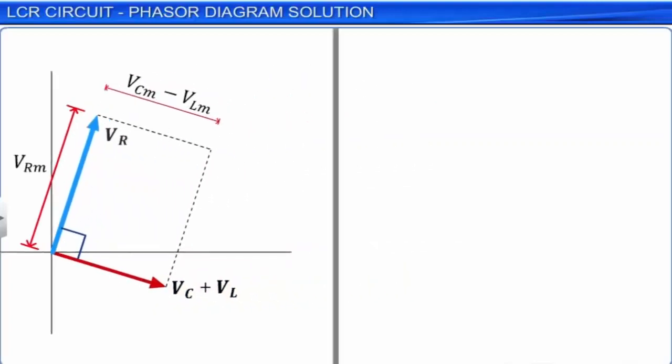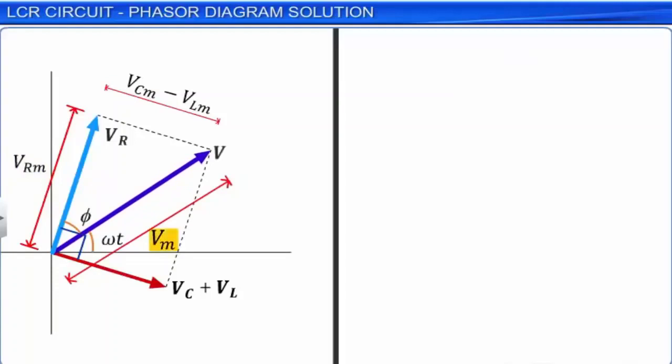Here, we assume that the capacitive reactance XC is greater than the inductive reactance XL, and hence we have VCm greater than VLm. The phasor with the magnitude VCm minus VLm is at right angles to the phasor with the magnitude VRm. The amplitude of applied AC voltage Vm can be calculated by using the Pythagorean theorem on the simplified phasor diagram.